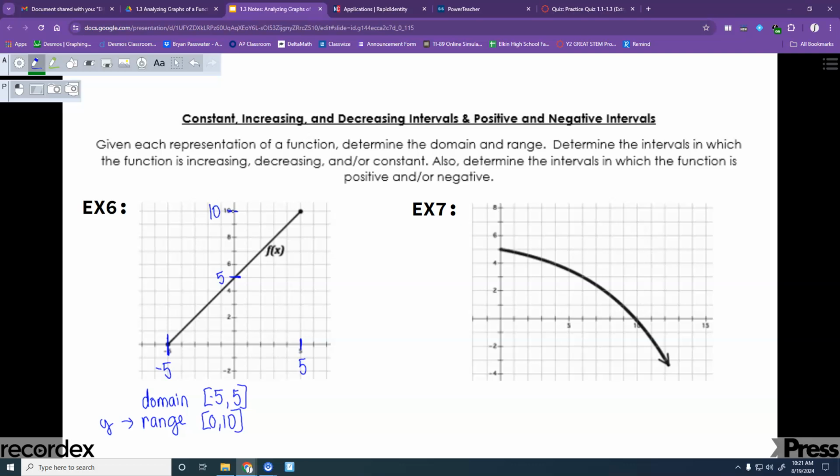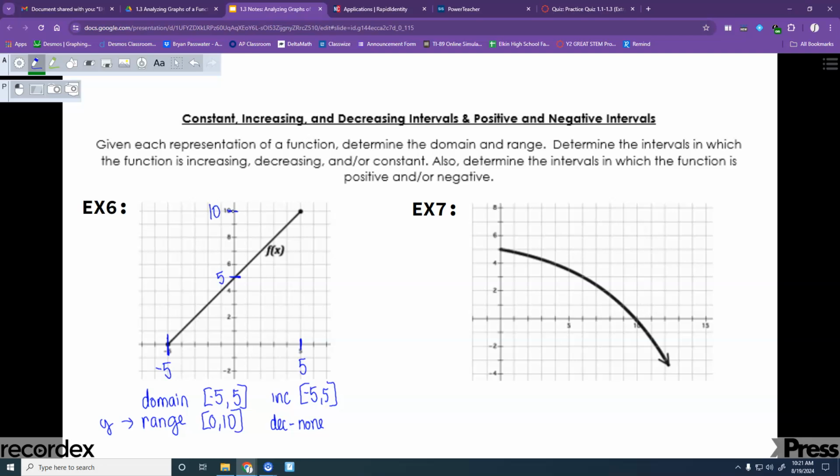Decreasing. Oh, okay, yeah. 7 is going to be decreasing, yes. But this one's always increasing for the whole domain. So increasing is just the same as the domain, -5 to 5. You're looking at the x-axis. Don't look at the y-axis on anything except for range, okay? So for decreasing, we would just say none. This one does not decrease ever.